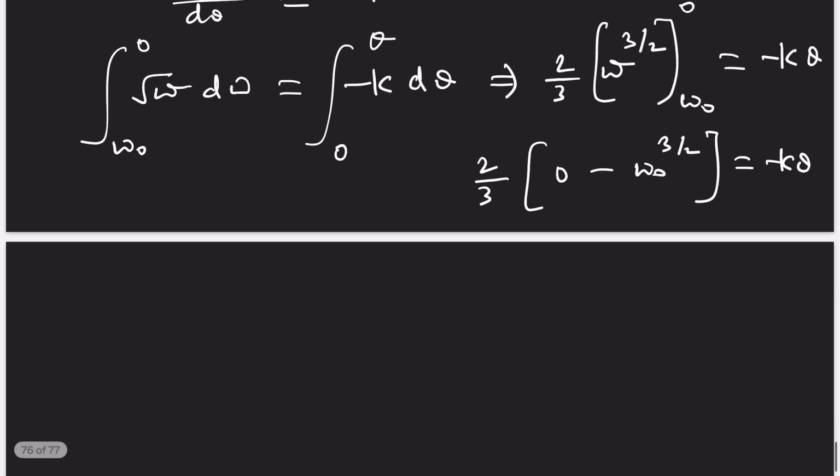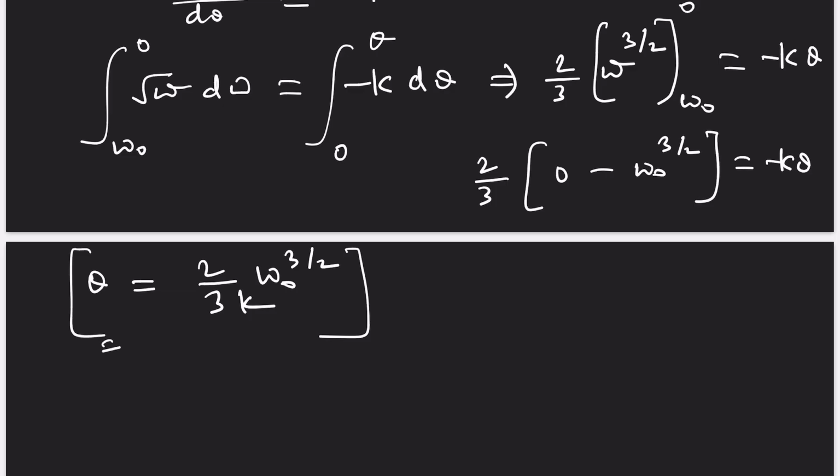So theta will be 2 by 3 omega naught to the power 3 by 2, and k will come in the denominator. You can pause and check this, this would be the theta.